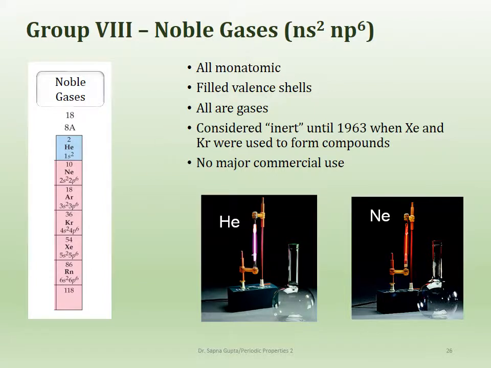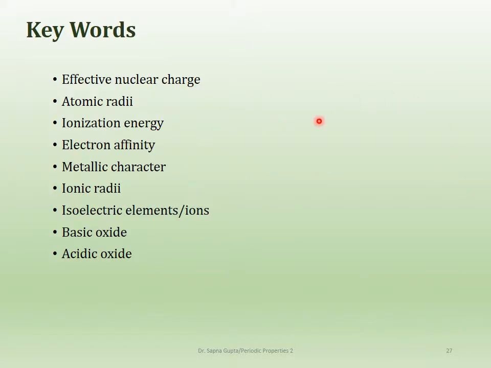So finally, from this part of the chapter, you should know all your trends: effective nuclear charge, atomic radii, ionization energy, electron affinity, metallic character. You should also be able to compare ionic radii and tell me which one is larger, which one is smaller. You need to understand the concept of isoelectronic species and then know the acidic and basic oxides.